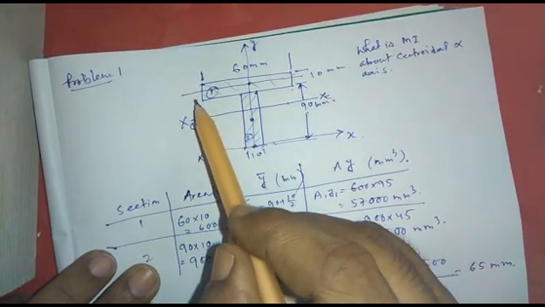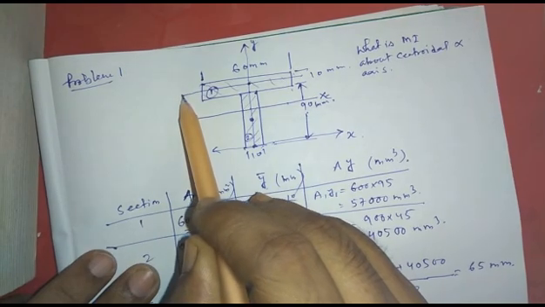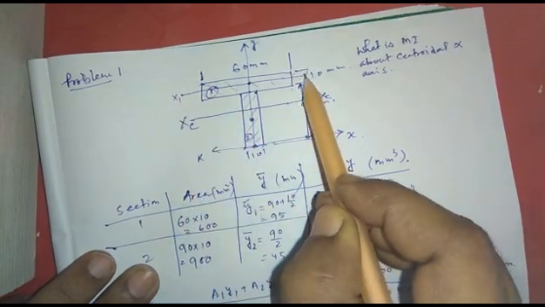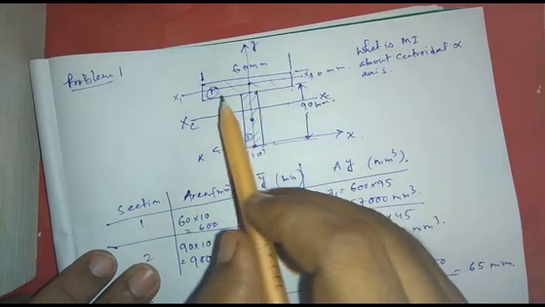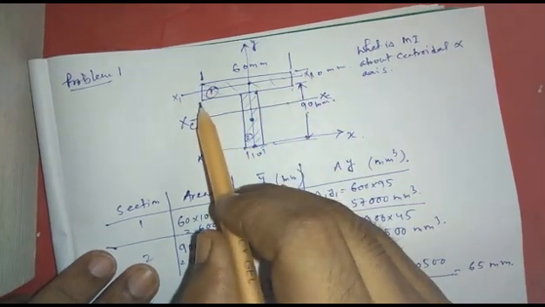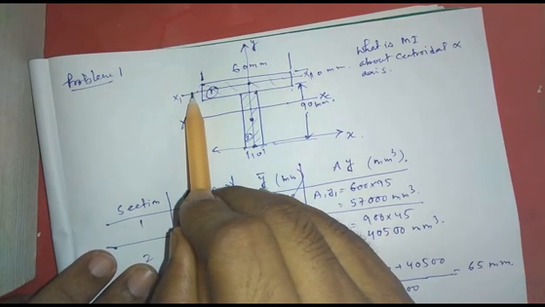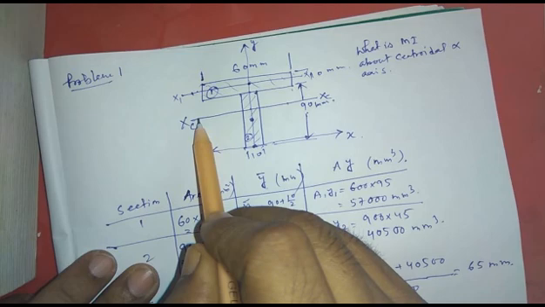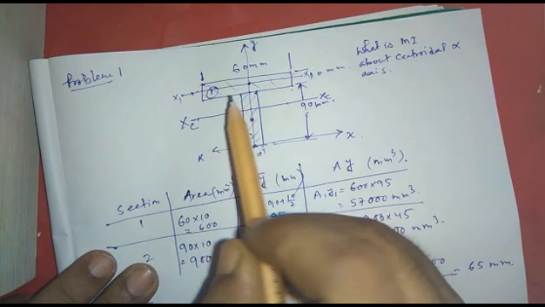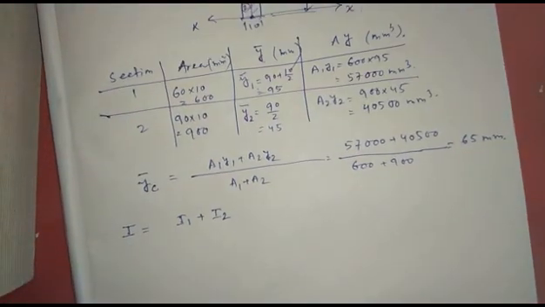It is a rectangle, and the moment of inertia about its own axis, say x1 x1, we know it, that is bh cubed by 12. Then we need to use the parallel axis theorem. If we know the moment of inertia about this axis, you can get the moment of inertia about this axis. This is the philosophy.